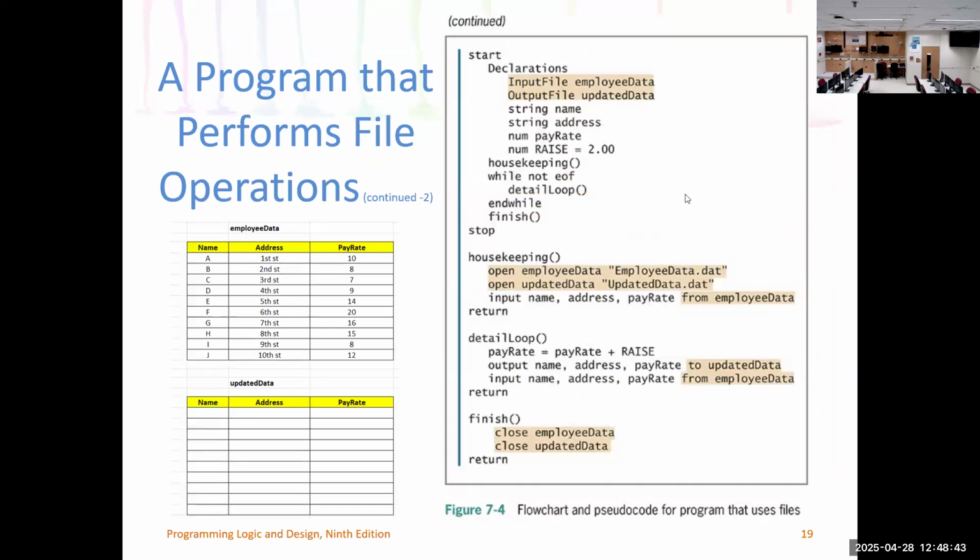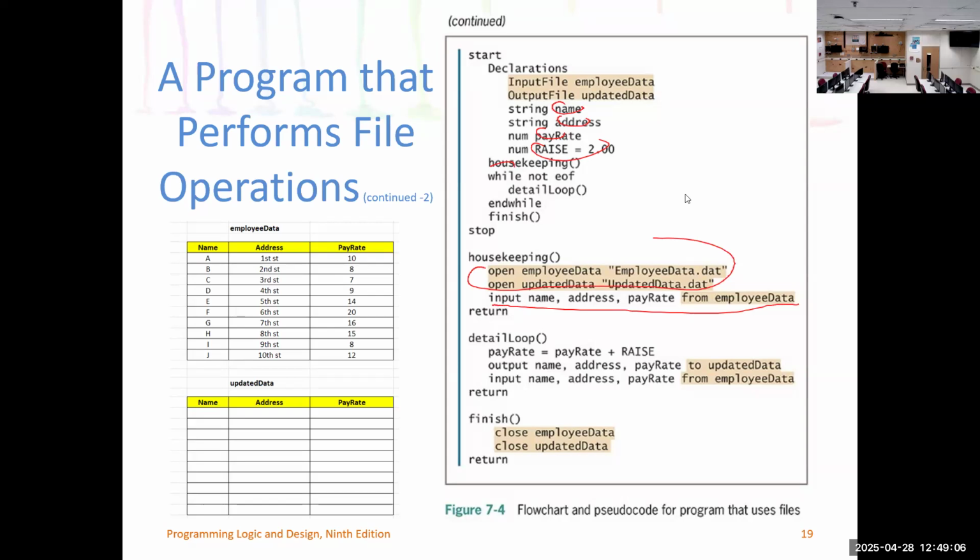So you see that is in the pseudocode here. That is the process in pseudocode. You have an input file and an output file. For each record here, you have name, address, and pay rate here. That is constant here. Housekeeping: open two files, read the first record. You know that housekeeping, you just do it one time only.